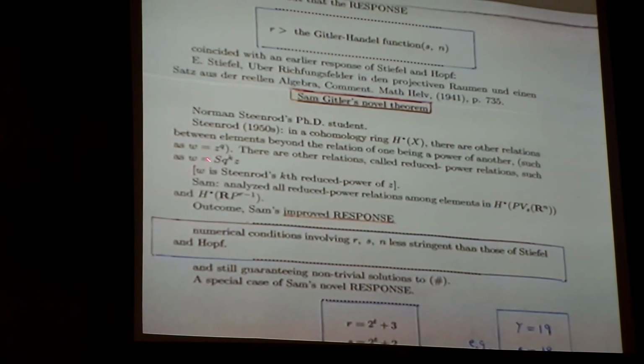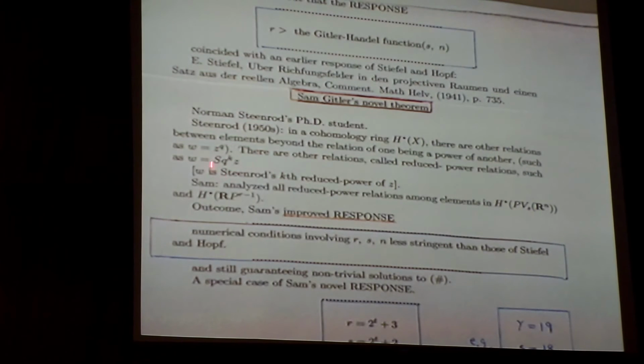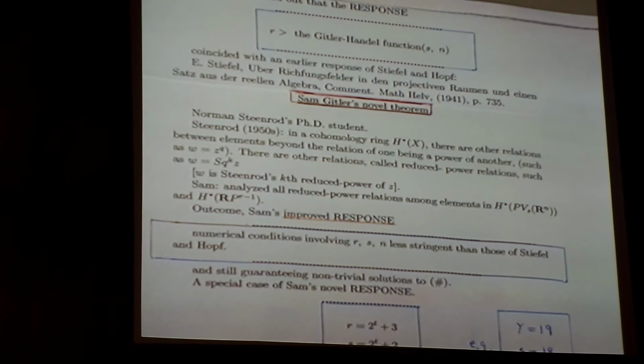For example, W equal to Z to the cube, then W and Z are related by that relation, W being the cube power of Z. Steenrod's great contribution was to show that other relations, called Steenrod reduced power relations, also hold in the cohomology ring. Steenrod reduced power relations are something like this, that the element W is related to the element Z by writing W equal to P^K of Z. And we read it as W is the K-th Steenrod reduced power of Z.